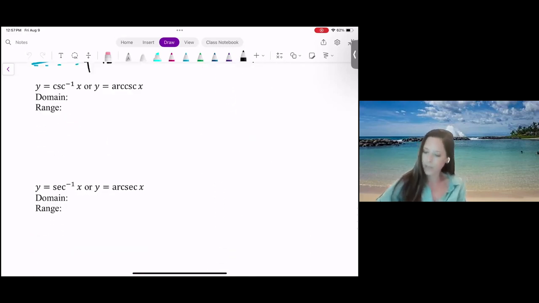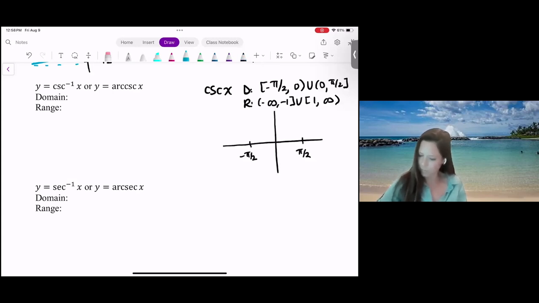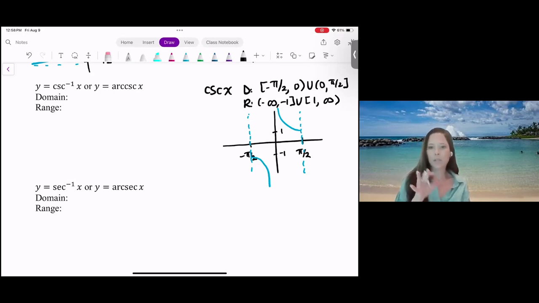Let's look at the cosecant now. These domains and ranges are a little bit trickier because remember, there's certain values that are not taken on and we have asymptotes that need to be represented. So our domain is now going to be from negative infinity to negative 1 in union with 1 to infinity.